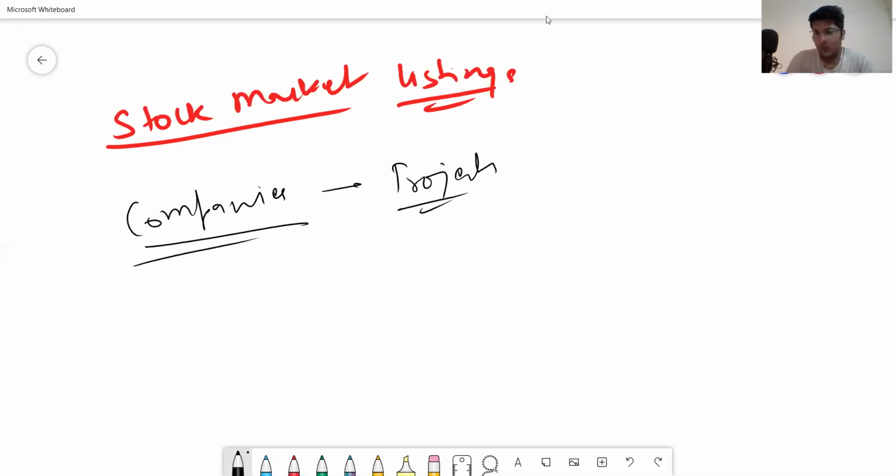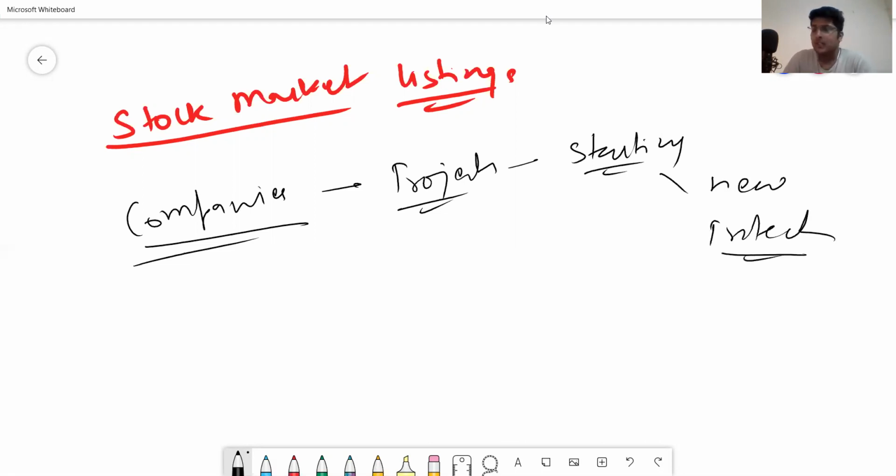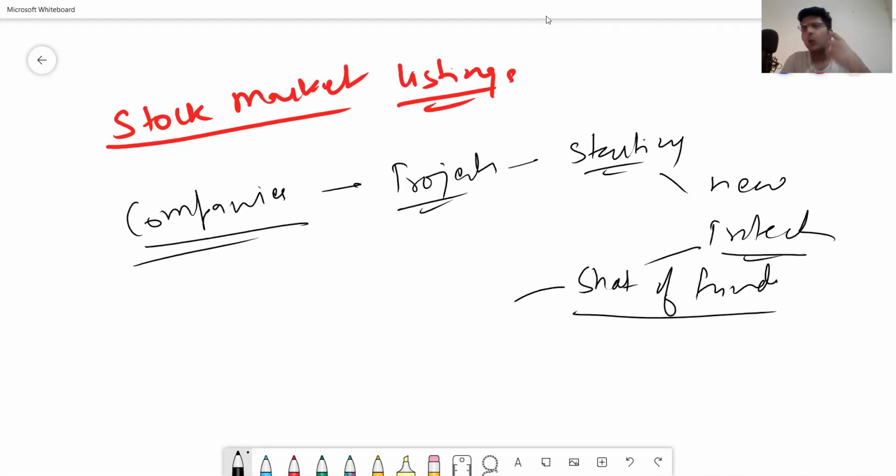Now sometimes when a company is thinking of starting a new project, and at that time they are short of funds, and the company is thinking that they will be able to make a lot of money from this project, and that time they think, what if we just get or raise funds from somewhere?